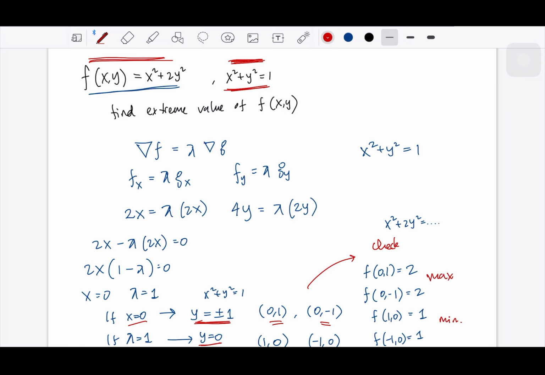When it gives you some information about the constraint, then you can directly apply the Lagrange multipliers.